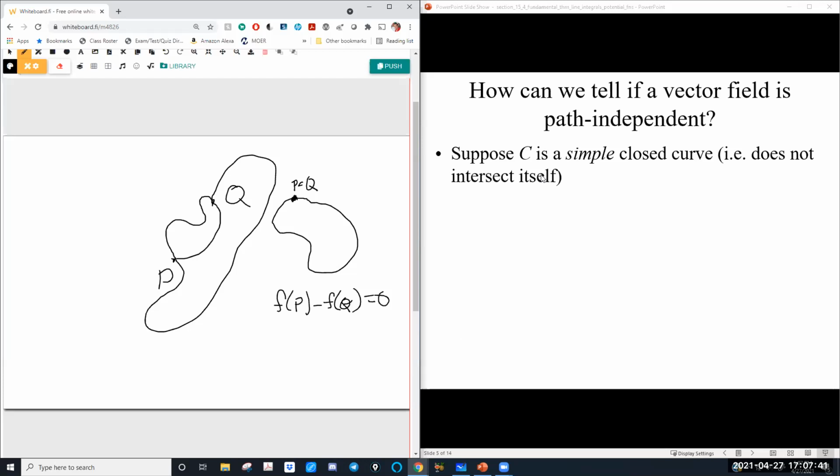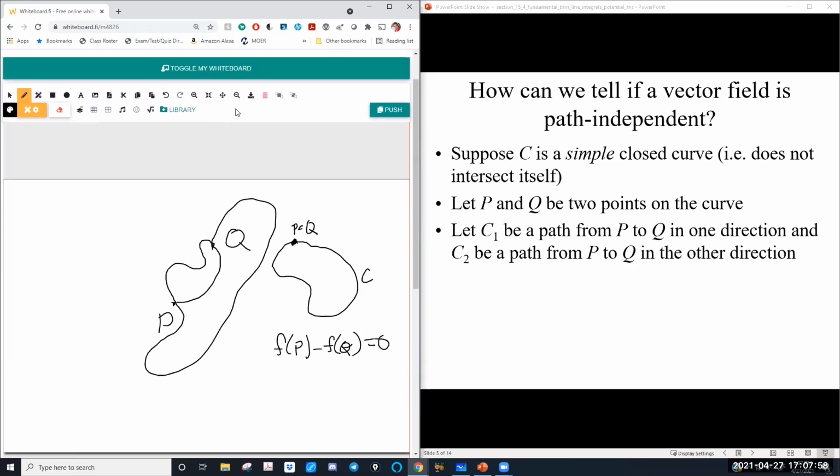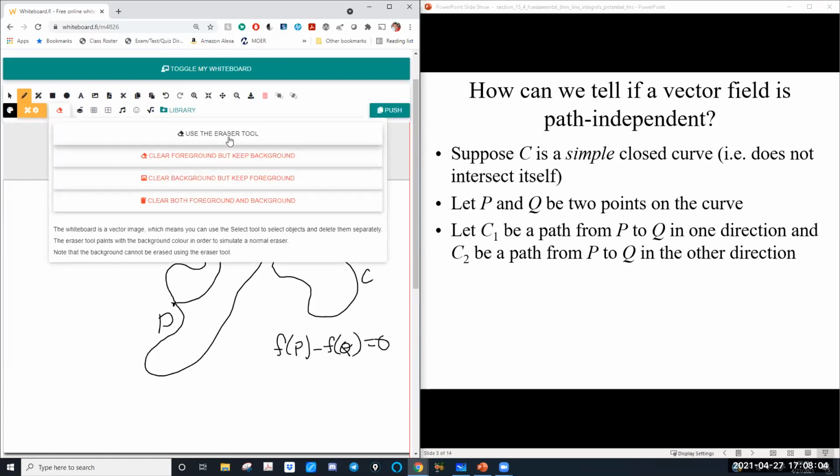Well, let's say C is a simple closed curve. In other words, it does not intersect itself. So, our drawing over here would be an example of a simple closed curve. And we let P and Q be 2 points on the curve. So in this case, they're not going to be the same point. So let's not let P equal Q. Let's change that.